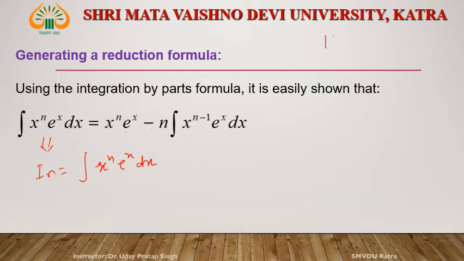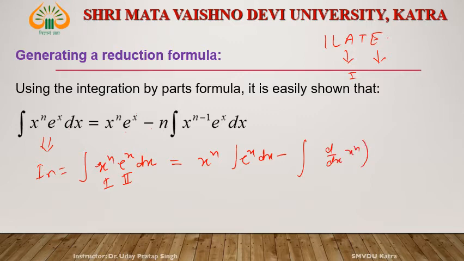Now apply Euler's rule. Algebraic function and exponential function are present, so consider the algebraic one as the first function and the exponential one as the second function. Then it is first function into integral of second, minus derivative of first function into integral of second function, integrated.